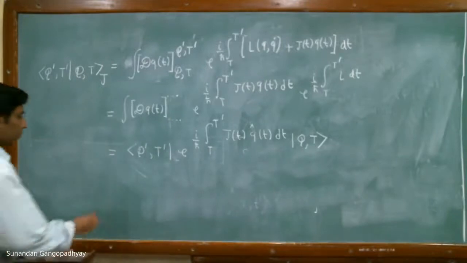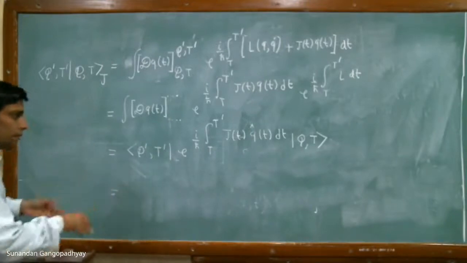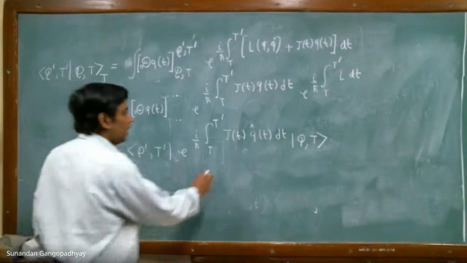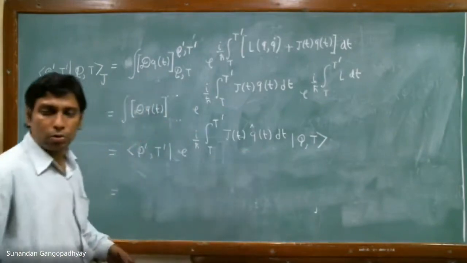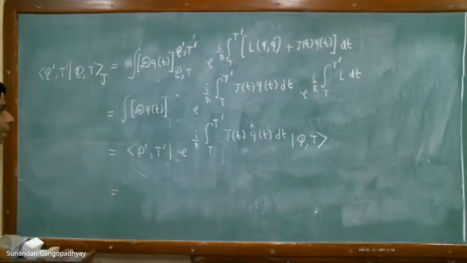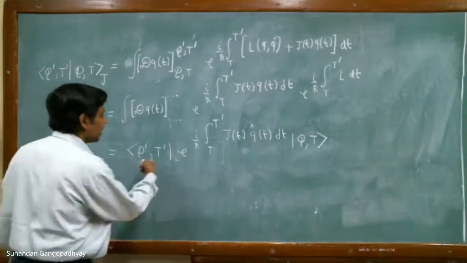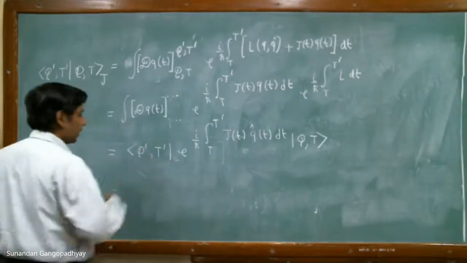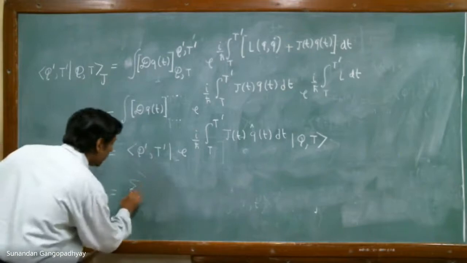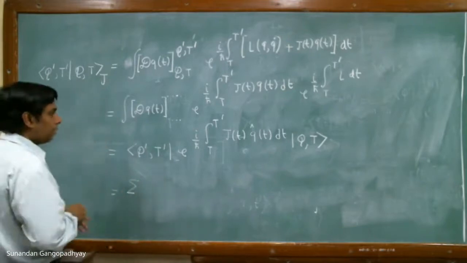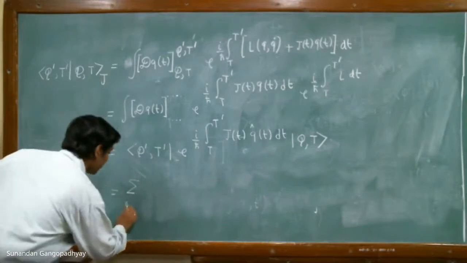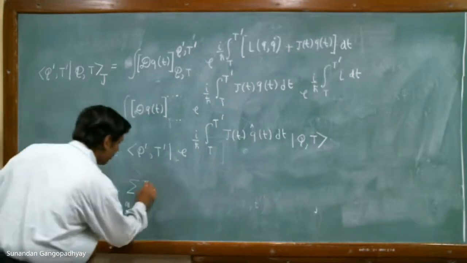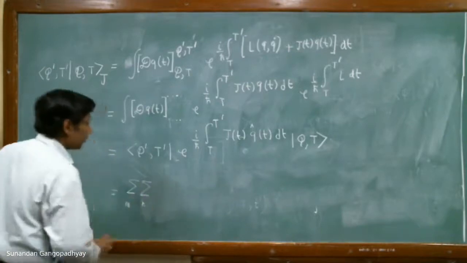And now the subsequent manipulations are similar to those that we have already carried out. We just insert energy eigenstates, a complete set of energy eigenstates. So if you do that, then what you will get is the following. I have a summation over n, summation over n.